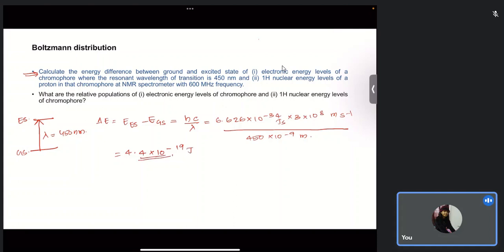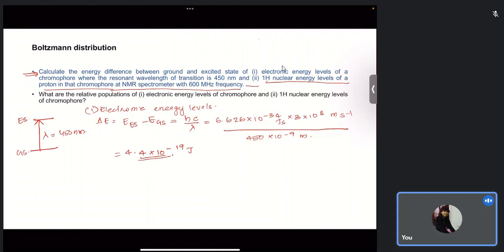So for electronic energy levels, the energy difference between the ground and the excited state is 4.4 into 10 to the power minus 19 joules. The second part is to calculate the energy difference between the nuclear energy levels of a proton in that particular chromophore in an NMR spectrometer with 600 megahertz frequency.